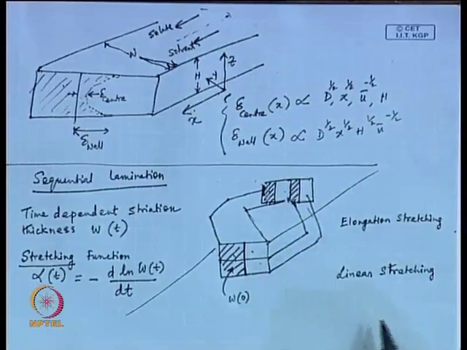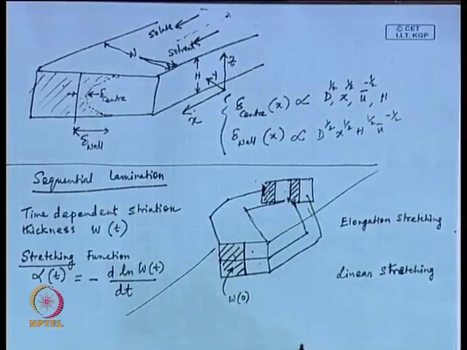Now, this linear stretching is something we are familiar with. It is the stretching that we see in a viscous layer. I have one layer next to the wall which has velocity 0 under the no slip condition. The next layer is moving at a higher velocity. So, you are doing some kind of stretching.